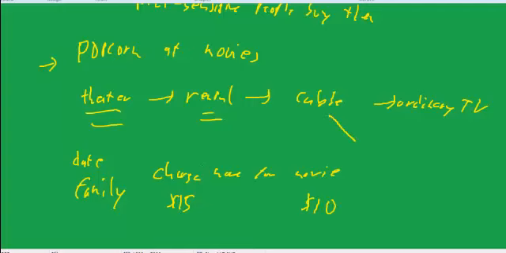Speaking of cable TV, why does cable TV not charge a la carte prices? That is, they make you buy bundles rather than paying for one thing at a time. And again, that is a case of price discrimination.